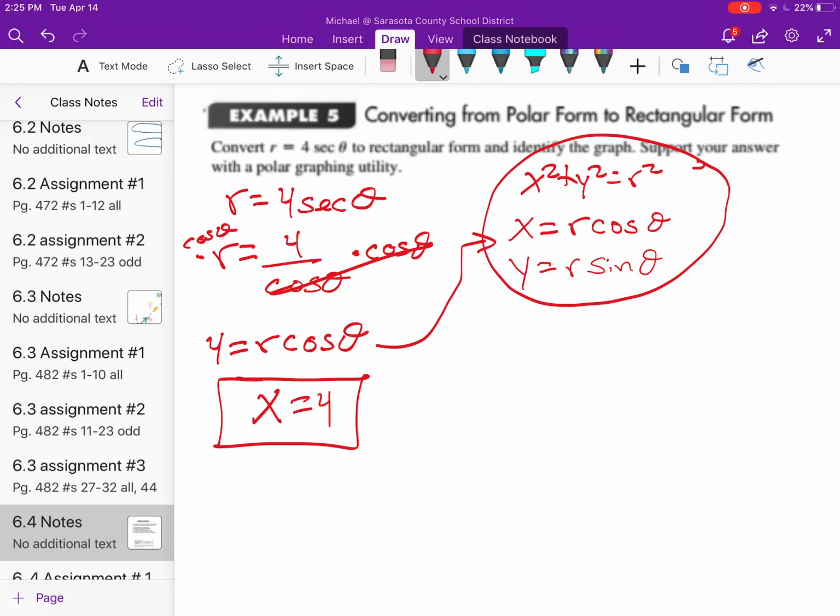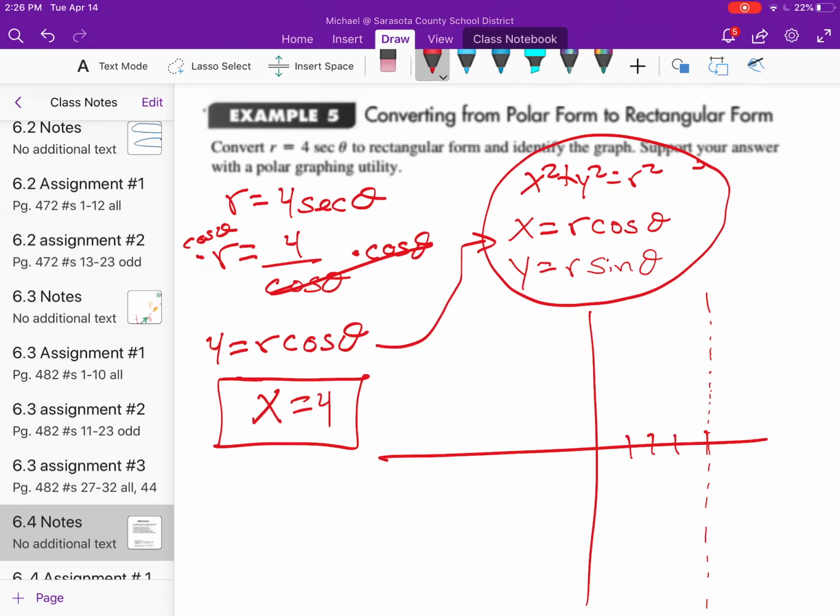Since we are showing that r equals 4 secant theta is the same thing as x equals 4, if you were to actually graph this, x equals 4 is just a vertical line at 4. Let me draw a dotted line through here to give you a chance to see what we're looking at. What's interesting is that if you were to graph this on a polar coordinate, you're basically looking at a thin cylinder.